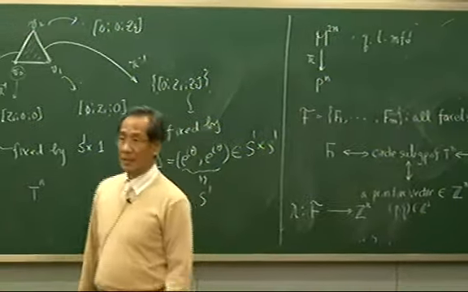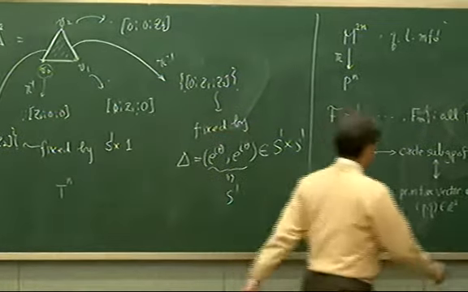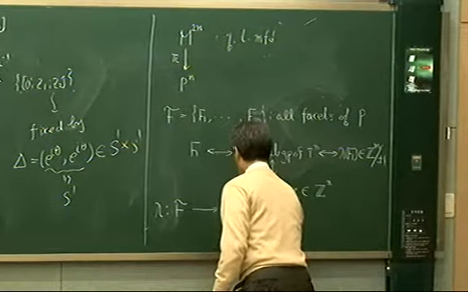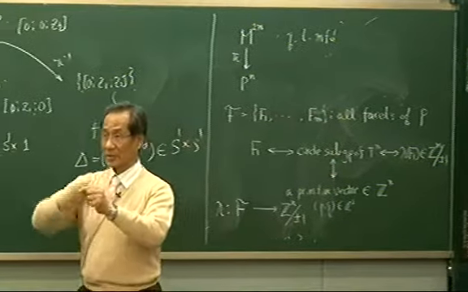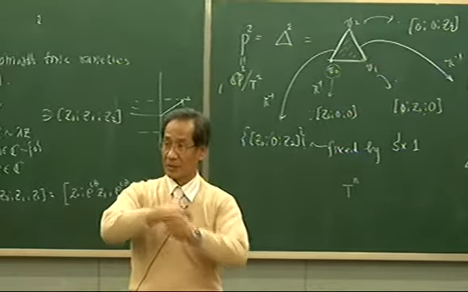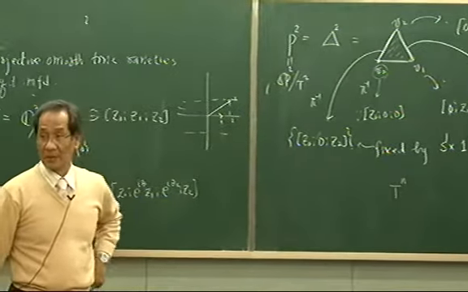But actually, it doesn't matter whether this is +1 or -1. It only gives you a direction of the circle subgroup, so it doesn't matter whether it's this direction or that direction.